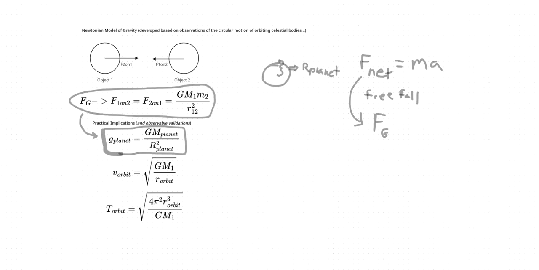And in that case, you would fall at m little g, and that'd be little g for whatever planet you're on. So force of gravity on whatever planet you're on is m times your gravitational acceleration on that planet. And that, by definition, would be your weight on that planet, right? So ma becomes that.